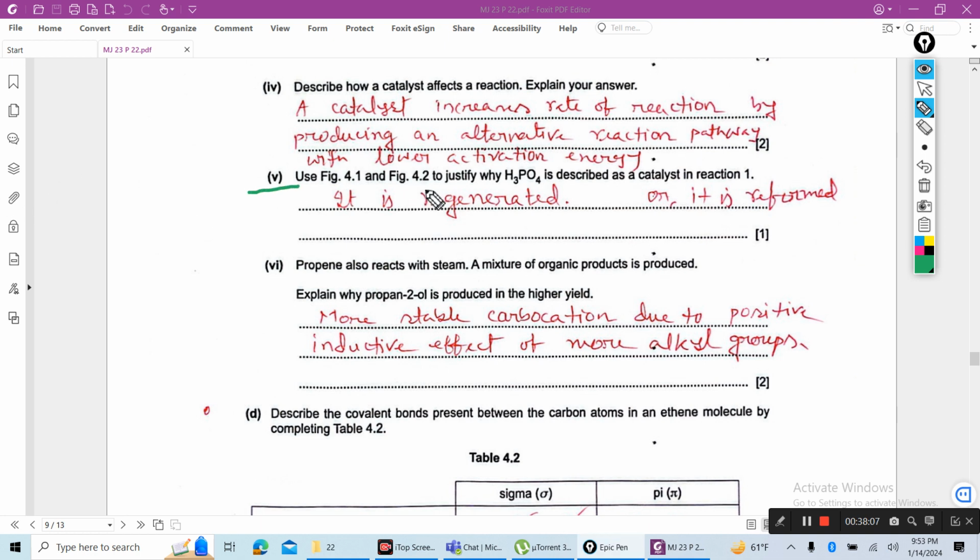Question 5, in figure 4.1.4.2, justify why phosphoric acid is described as a catalyst in reaction 1, because phosphoric acid is regenerated, that means it is reformed, produced again at the end of the reaction.